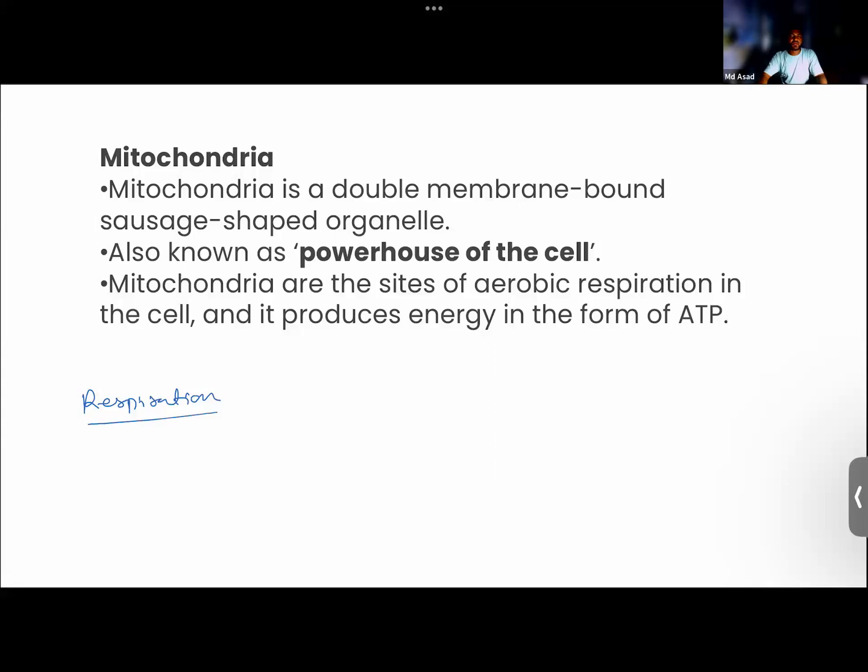So we will see that mitochondria are sites of respiration in the cell. So the respiration that happens inside cells is on the mitochondria. And what happens in respiration? Energy from organic compounds which we eat is transferred to ATP.